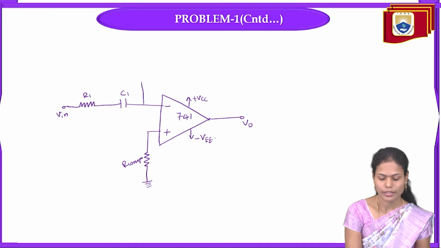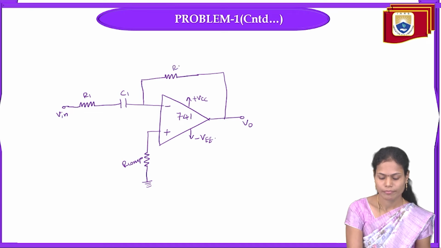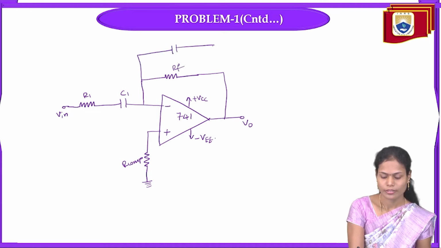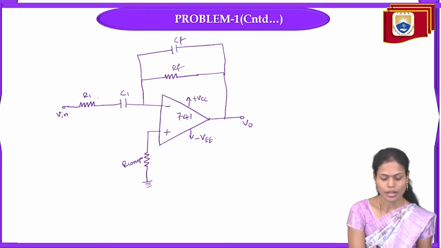So in the feedback, we are having the RF resistance and the CF capacitance. So now we will write whatever values we have calculated till now. So here R1 value is 82 ohms.